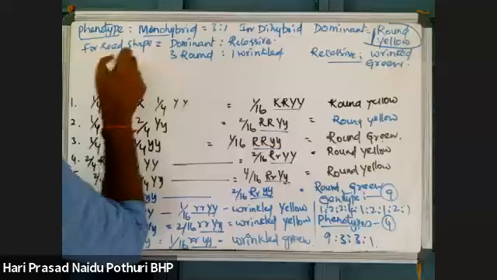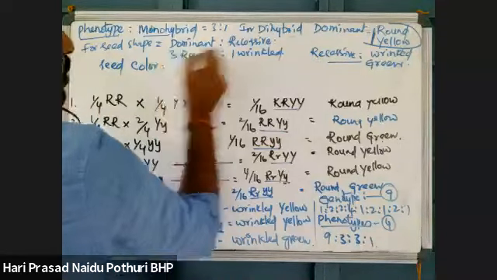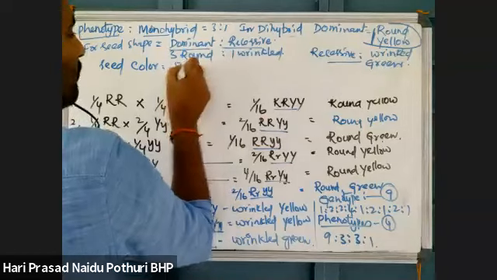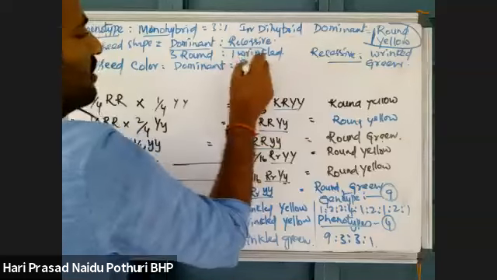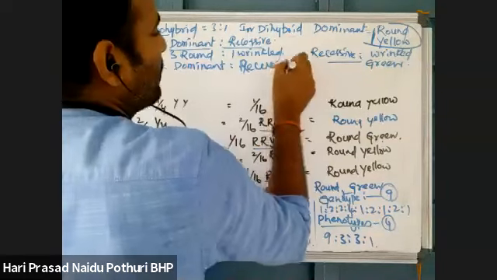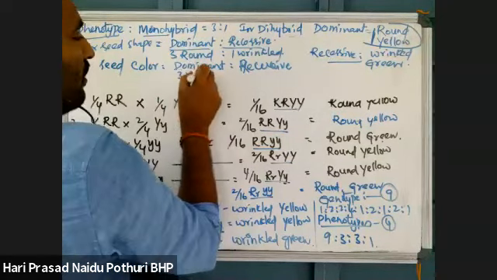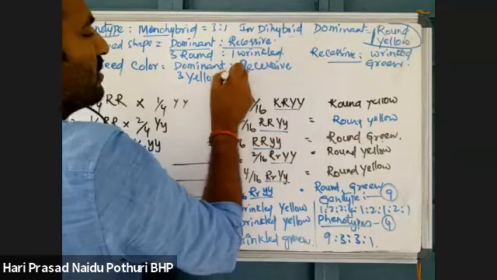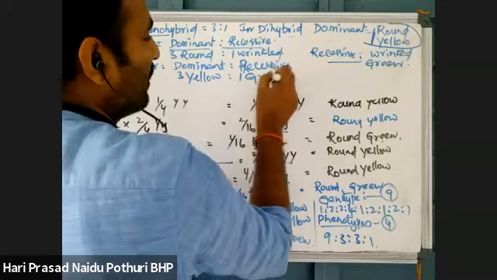Suppose if we see seed color, then the dominant and recessive ratios. What is dominant? Dominant is yellow. Dominant recessive ratio in a monohybrid cross is 3:1. So 3 yellow and 1 green will come.